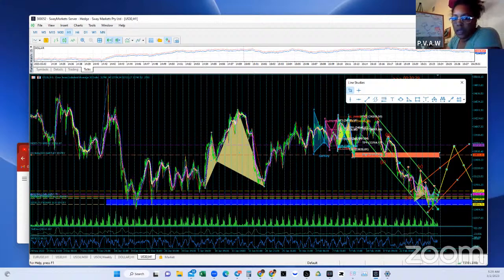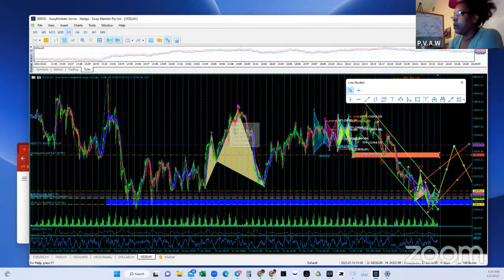And I said the start of the Gartley was January 13th, basically. This right here was January 16th. This is January 12th. So between January 12th and the 16th is where this handle started, right? So that's where I have it at.